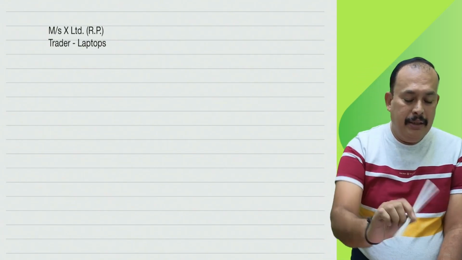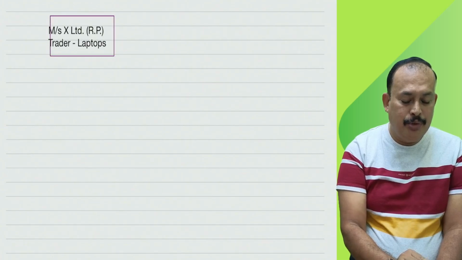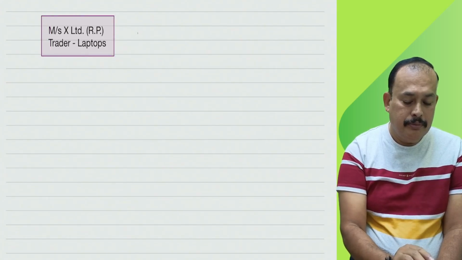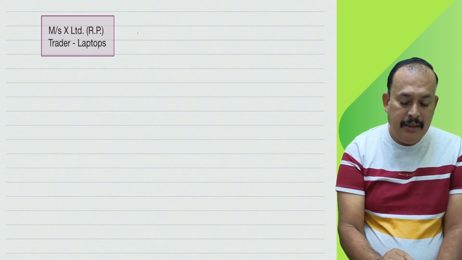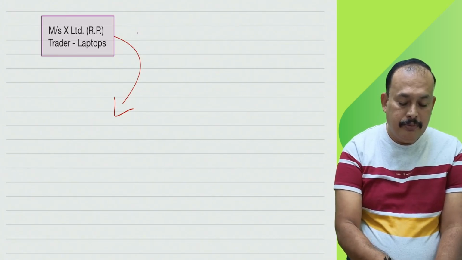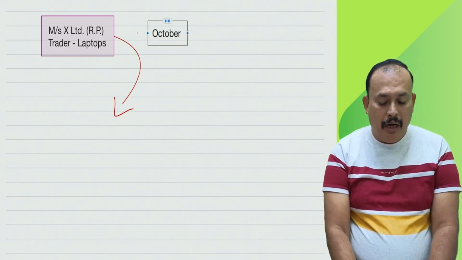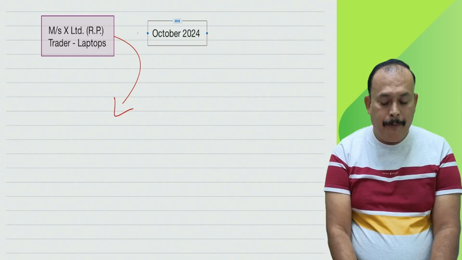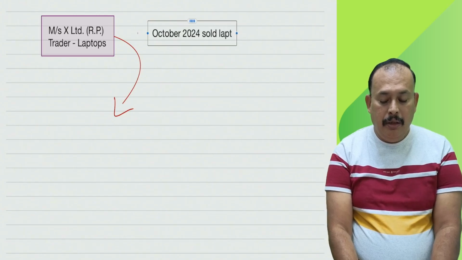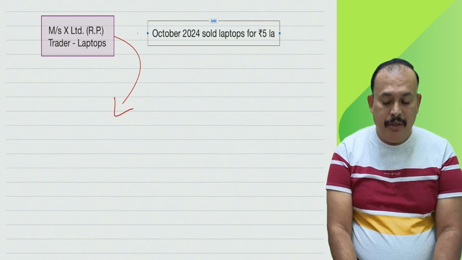He supplied taxable goods in the month of October 2024, sold laptops for let us say rupees 5 lakh.